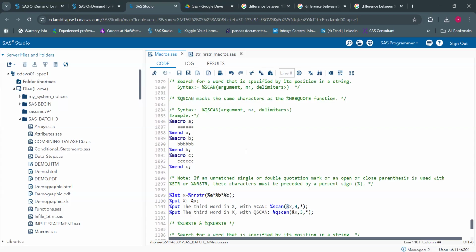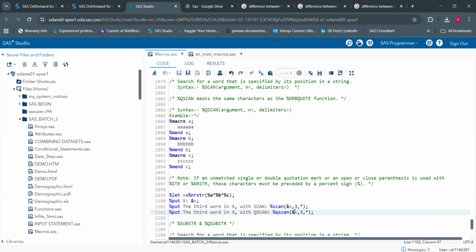Whenever we try to resolve a percentage macro, it resolves a certain macro, and whenever we execute an ampersand macro variable, it resolves the value of it.